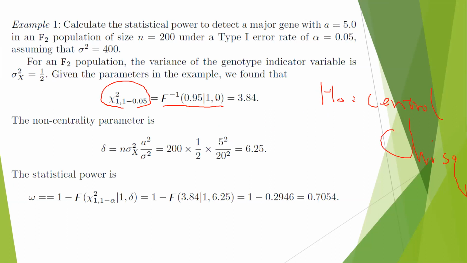When this is central, the non-centrality parameter must be equal to 0. And we're testing the additive effects, so that's one parameter to test. So the degree of freedom equals 1.